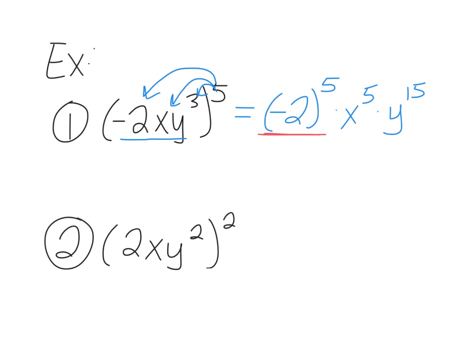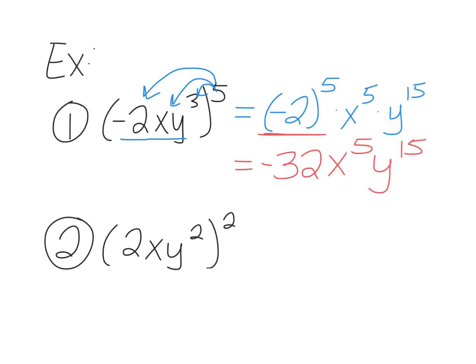So what's -2 to the 5th power? Making you think. It is 32, but is it going to be positive or negative? It is going to be negative, yep. And then we have x to the 5th and y to the 15th. So I just took that power to every term inside of my parentheses.